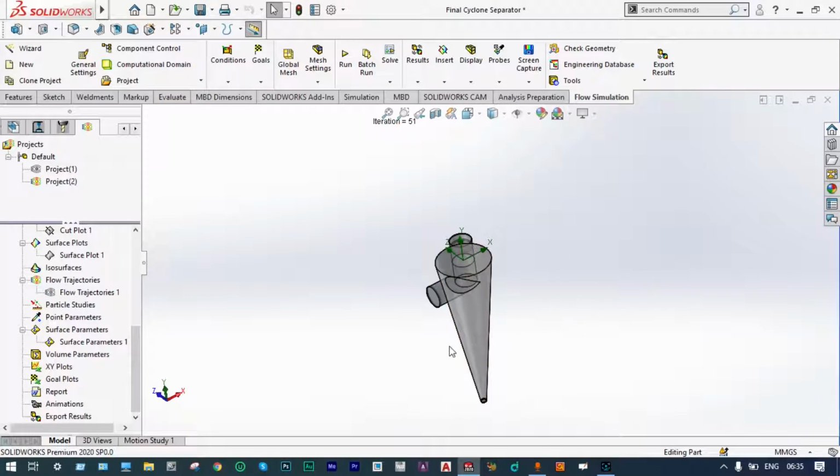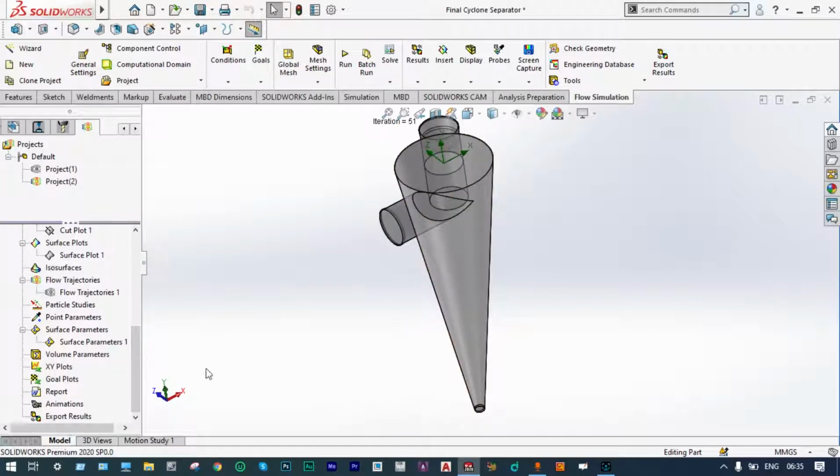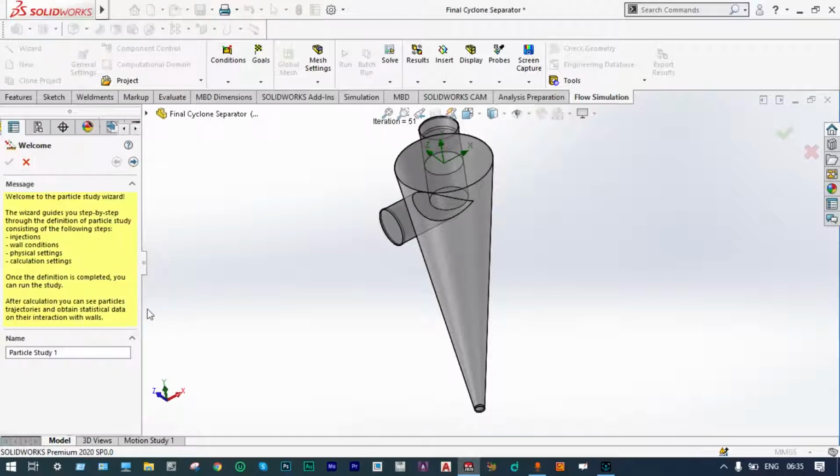Next to that, we are moving to the most important part of our analysis, that means particle study. We are starting particle study from here, and it will be initiated with the wizard. We are keeping the default name of this study as particle study 1.